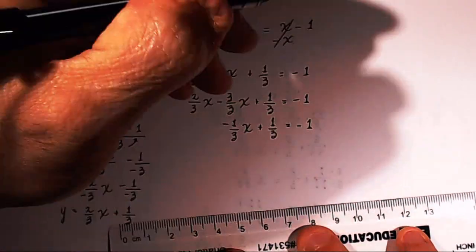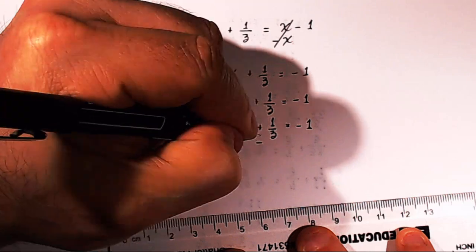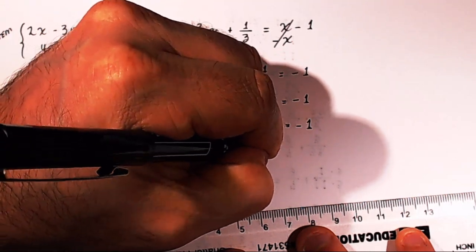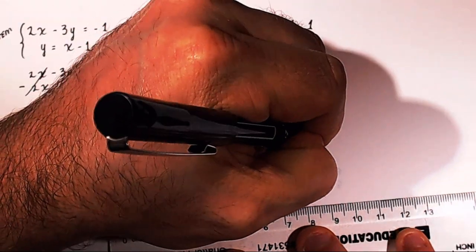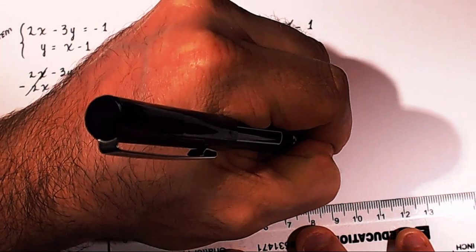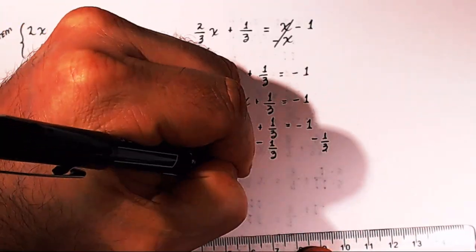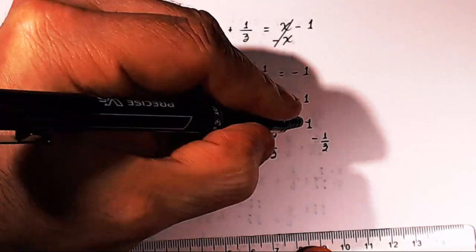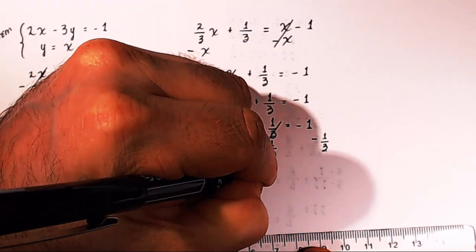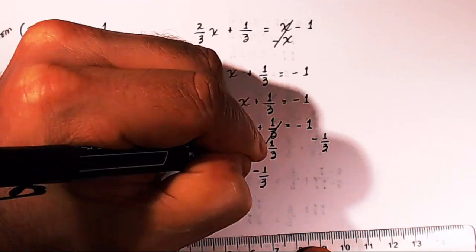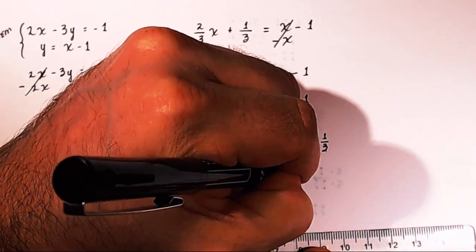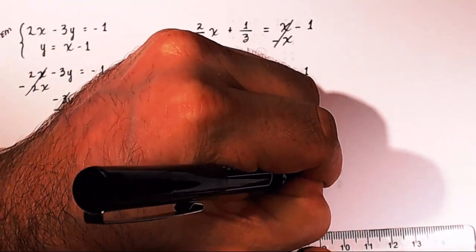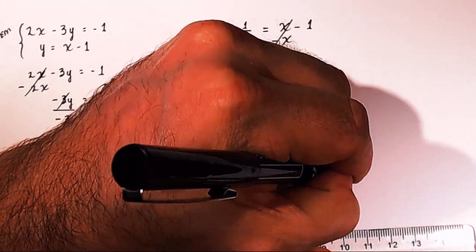Now, in order to get x by itself, I just keep moving terms around. I'll subtract 1/3 from both sides, and that will leave me, because this 1/3 minus 1/3 cancels, negative 1 over 3 x equals negative 1 minus 1/3.